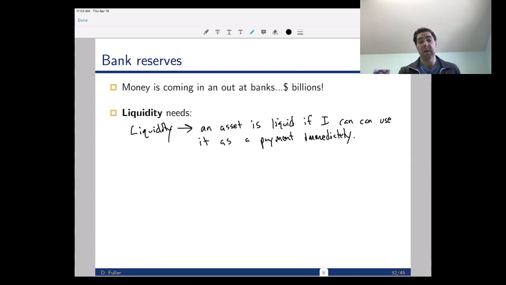And so obviously cash or transactions deposits are the most liquid type of asset, i.e. money, right? So our definition of M2, money, is typically what we mean by having liquidity. I have cash or other transactions deposits in order to make payments. So banks have lots of need for what we call liquidity.